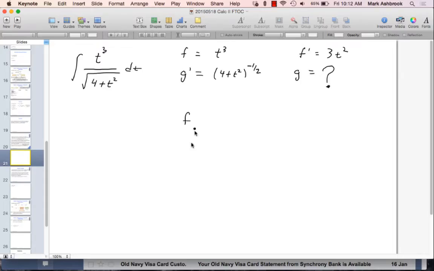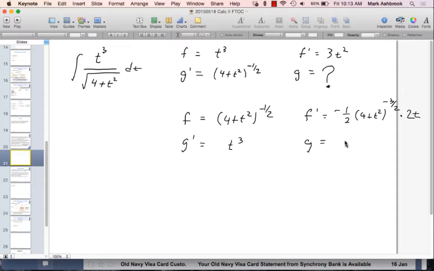Maybe we try the other way, right? So let's try f is 4 plus t squared to the minus 1/2, and g prime is t cubed. Well, we know we can take the derivative of that, so f prime is going to be negative 1/2 4 plus t squared to the negative 3/2 times 2t, right? And then g would be the antiderivative of t cubed, 1/4 t to the 4th.